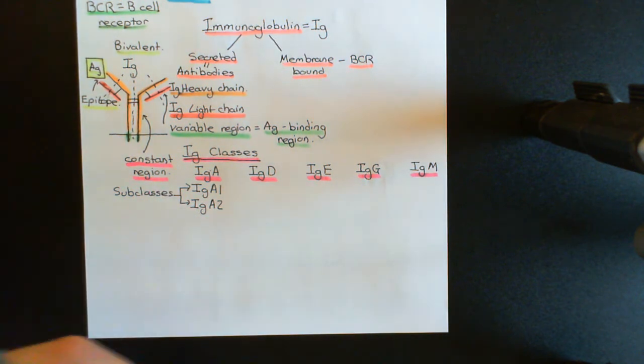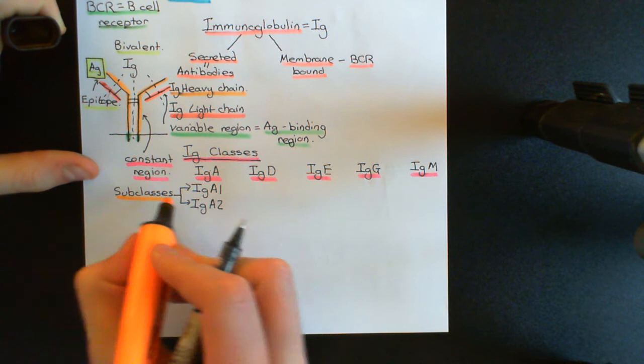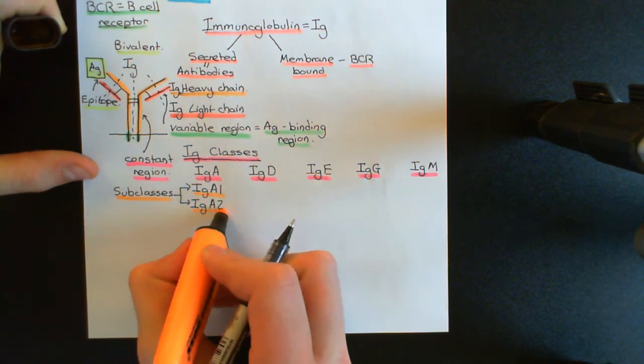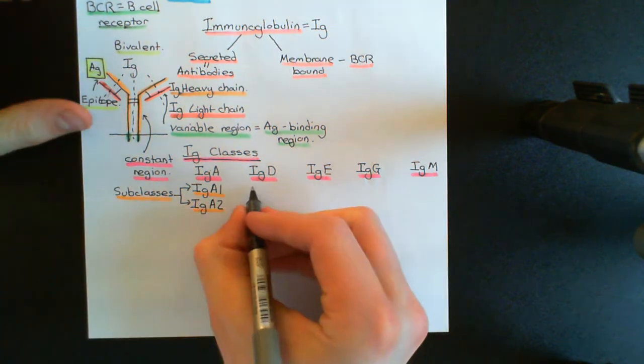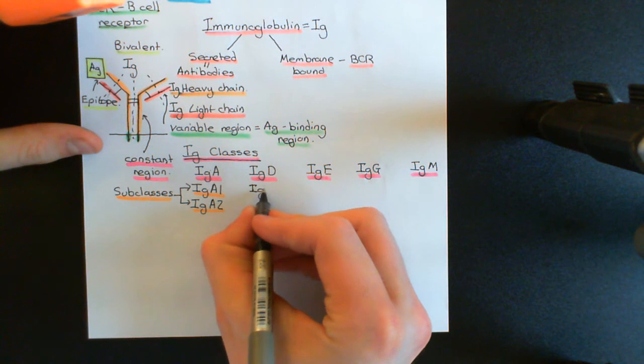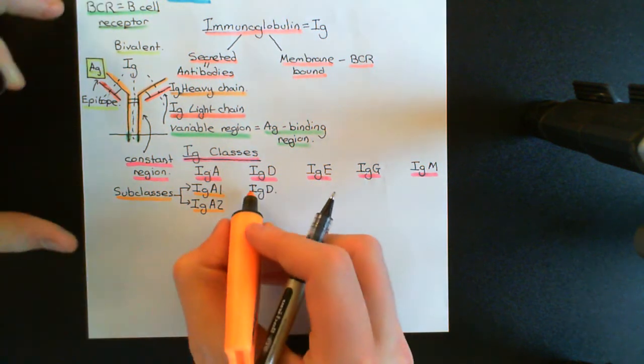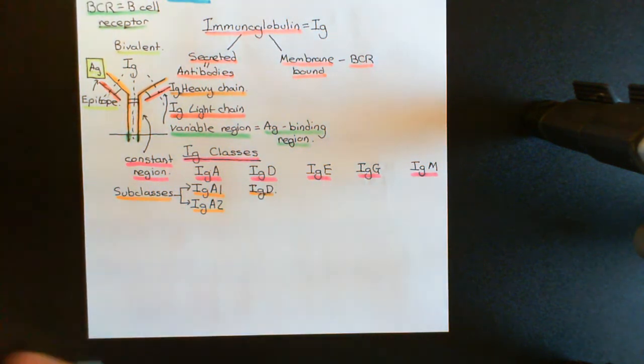Okay, now it's more simple for IgD. For IgD, there is just one type of IgD, and that's just called IgD. Okay, and in fact let me add a little bit more information on here.